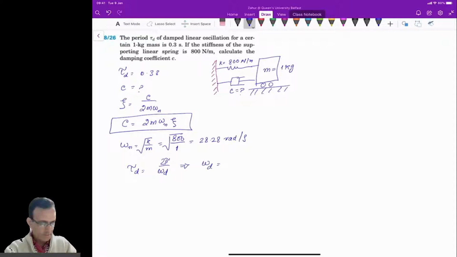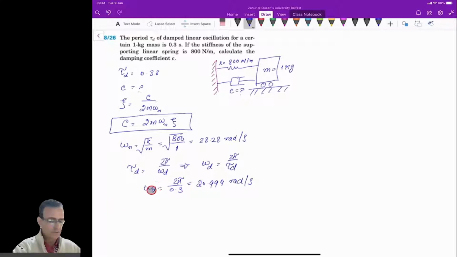So omega d will become equal to 2 pi divided by tau d, which is 2 pi divided by 0.3. So this will become equal to 20.994 radian per second. Again, this is the frequency, so the unit is radian per second.